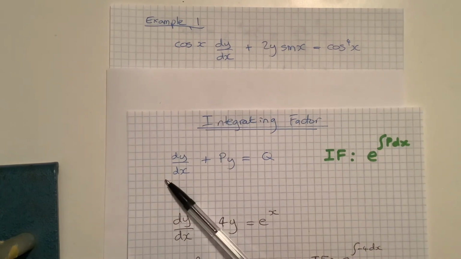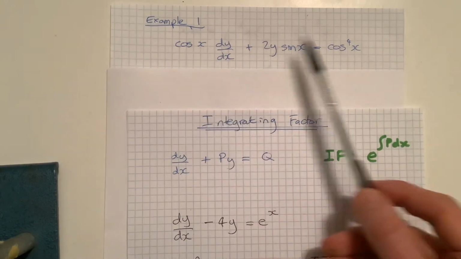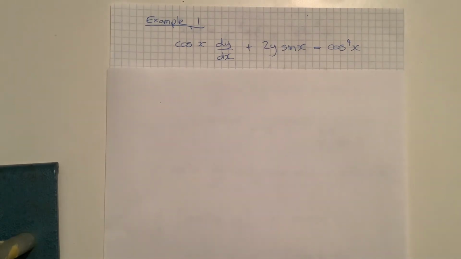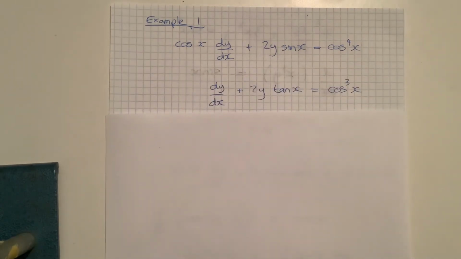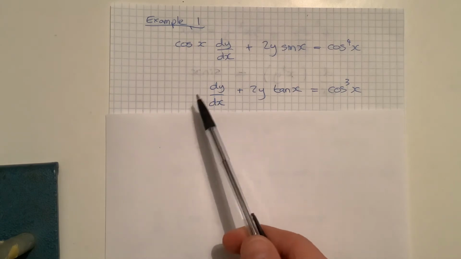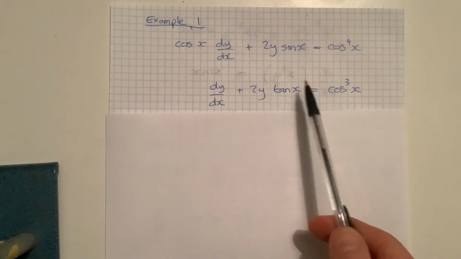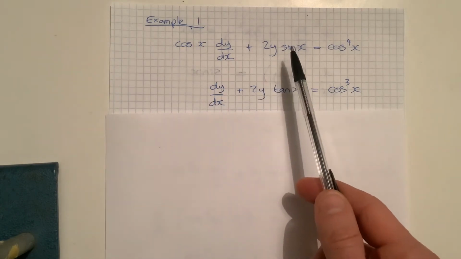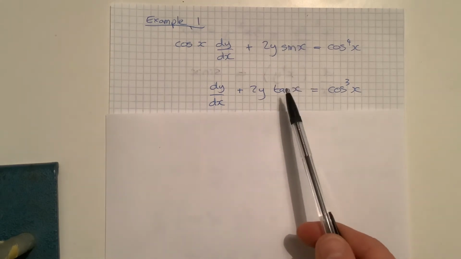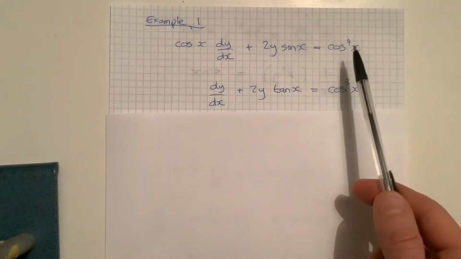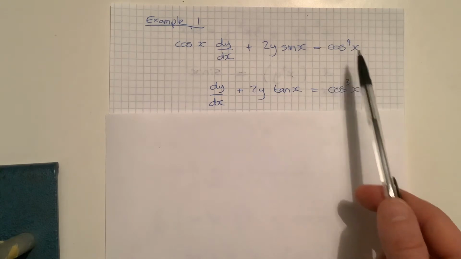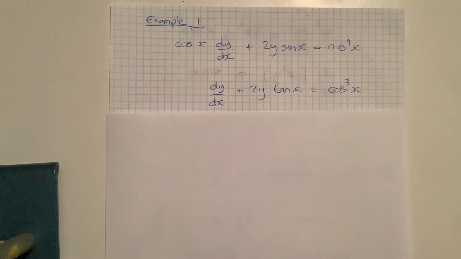So my first job is going to be to divide all the way through by cos x, like that. So dividing through by cos here, dividing through by cos here, we'll do sine divided by cos, which will give me a tan. And then cos to the power 4 divided by cos will be cos to the power 3.